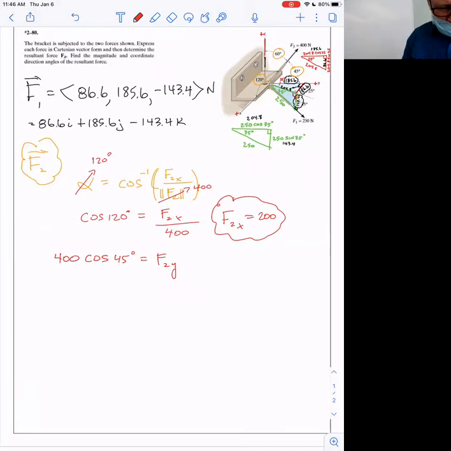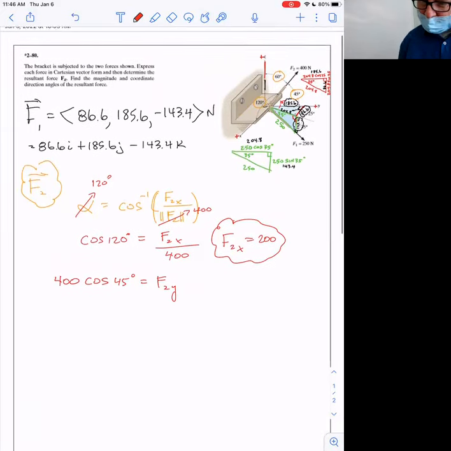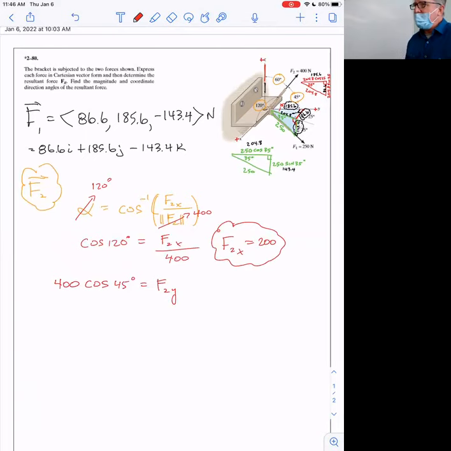That's actually great. 400 times the cosine of 45 is positive. Is that thing aiming in the positive y direction? I think you can see that that's the case here. But I can't visualize this 282.8 that I just got at all. 282.8. That's an important number.